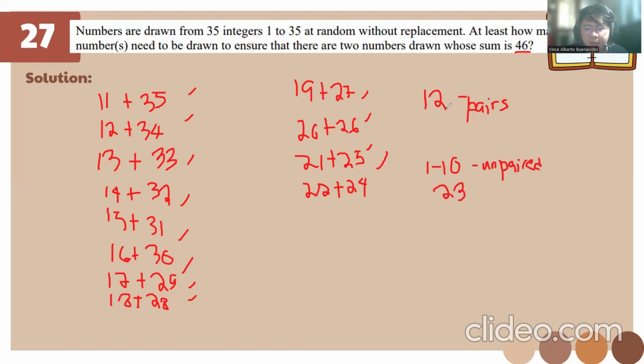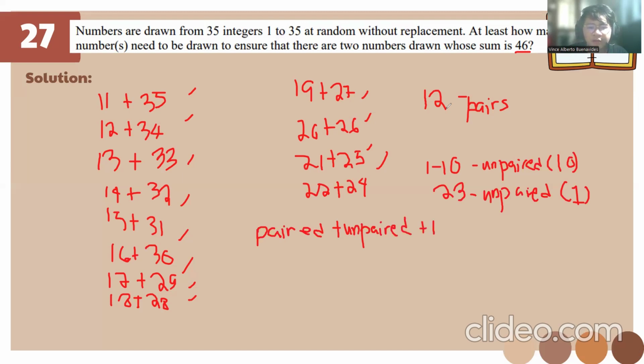Then we'll do paired plus unpaired plus 1 to ensure.